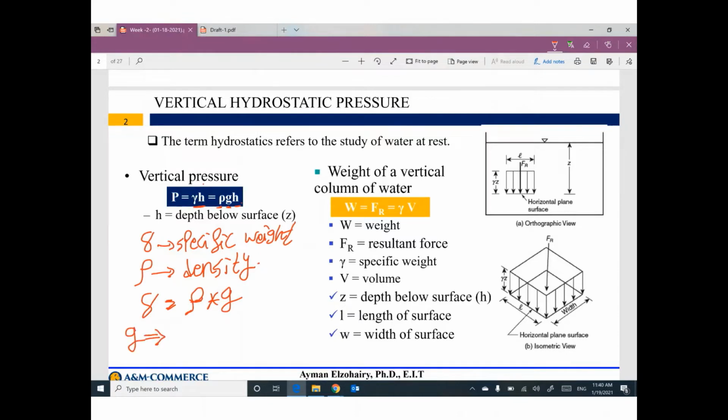G is the acceleration of gravity, equal to 9.81 meter per second squared, or 32.2 feet per second squared. So any pressure for any liquid equals gamma H or rho G H. I highly recommend you use this term, gamma H.